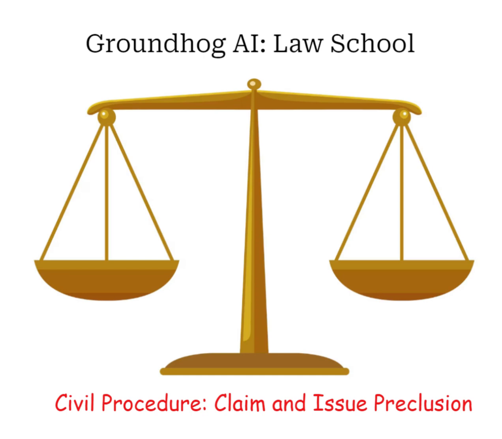Exactly. And this whole fairness angle is especially important when you're talking about what we call offensive non-mutual issue preclusion. Remember, that's where a plaintiff in a new case is trying to use a past judgment against a defendant who wasn't even a part of that first case. Right, I remember. It seemed like that scenario could be a little iffy in terms of fairness. Yeah, it definitely can be. Think about it.